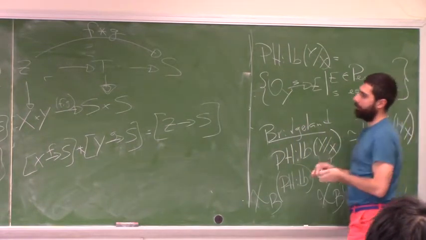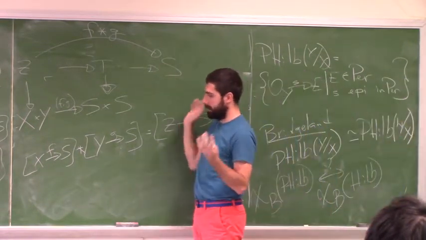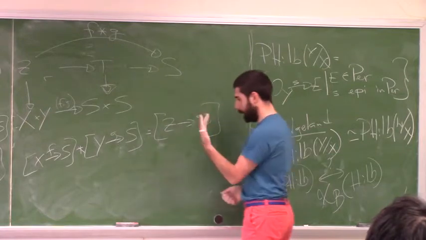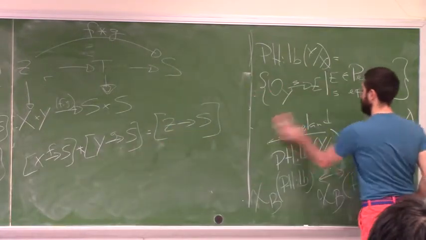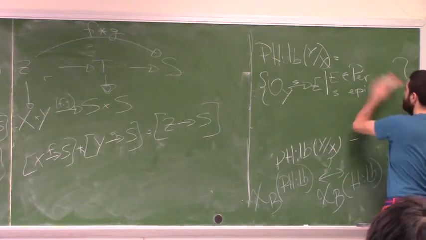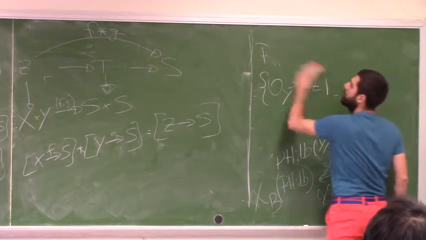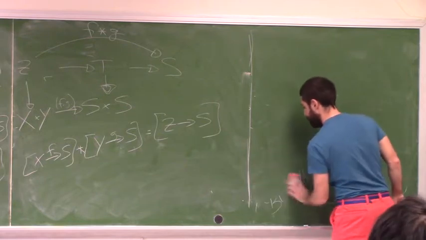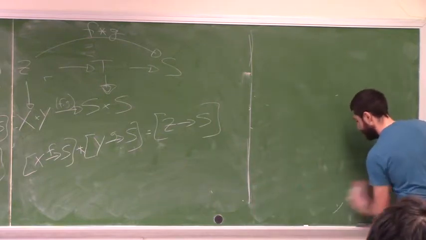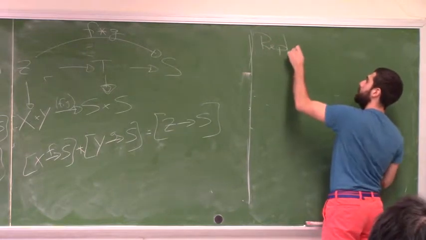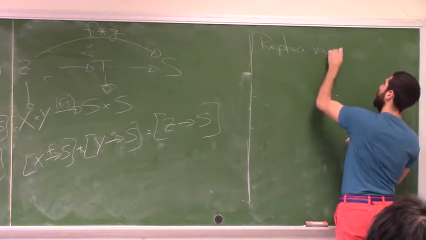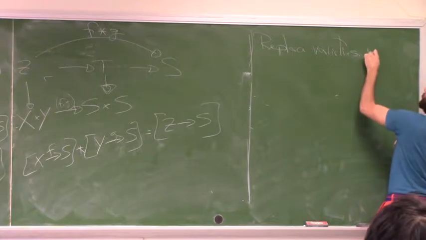Now, if I pick this diagram at random, it doesn't have to satisfy any good properties, but I'll give you an example where you actually get an associative product. What I need to do is replace varieties with stacks.